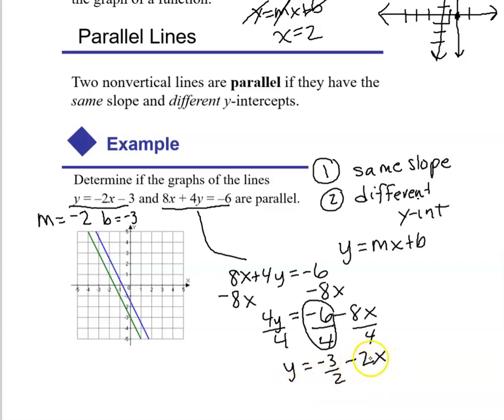Our mx is in the back and our b is in the front, but we could see that our y-intercept here is happening at negative 3 halves. Now let me remind you that you write this as a coordinate, right? This one would be (0, negative 3 over 2).